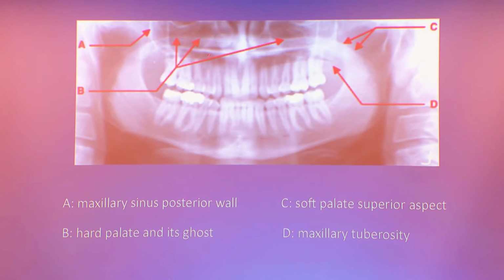If we focus on the hard palate, from this density here all the way down to this one right here, this is all hard palate. Primary images and ghost. Also notice this opaque line represents the floor of the nasal cavity, which is the flip side of the top of the palatal vault.